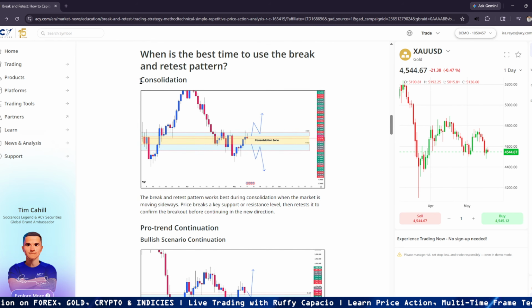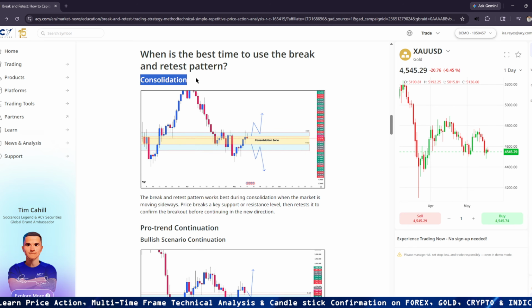I have also explained it on a live trading session. I just want to share it today because the setup is already playing out, and the break and retest pattern is one of the patterns that we will be using for those setups. I explained that the best time to use the break and retest pattern is during consolidation.